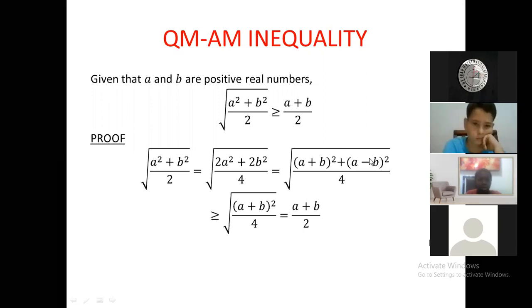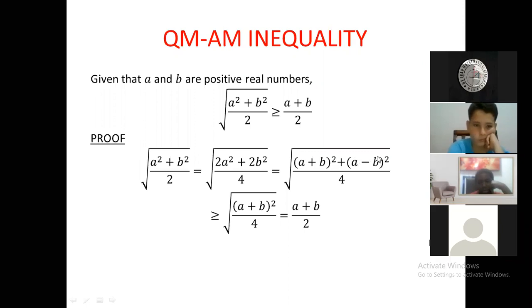None of these brackets gives us a negative value. So if we delete (a minus b) all squared from this expression, what we have is smaller. That means this expression is greater than the expression where (a minus b) all squared is deleted.